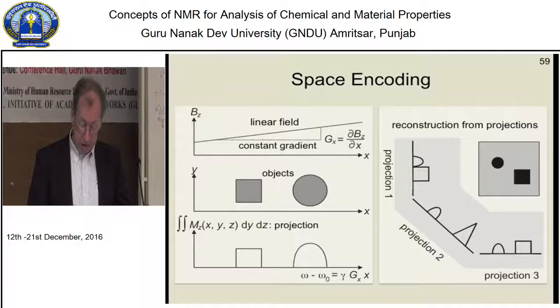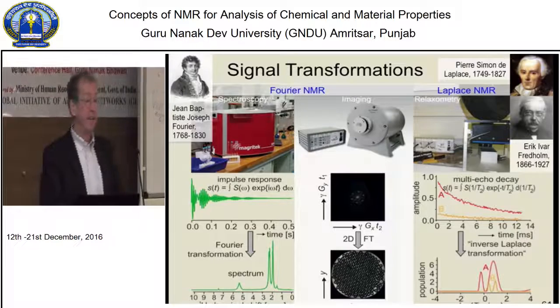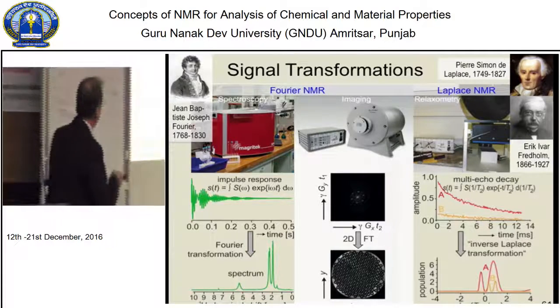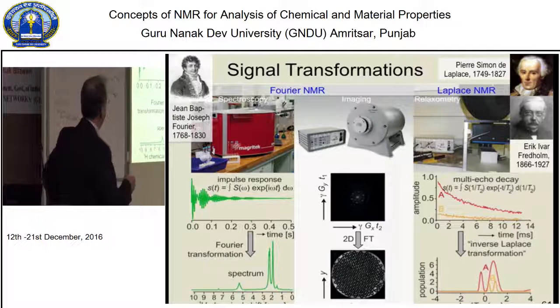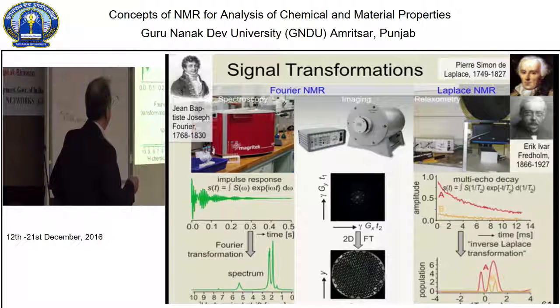There are two more slides. I now want to go back to signal analysis. We've discussed Fourier transformation. We've discussed the fact that we measure a free induction decay, and here is the equation for how that can be decomposed into a sum of rotating waves.